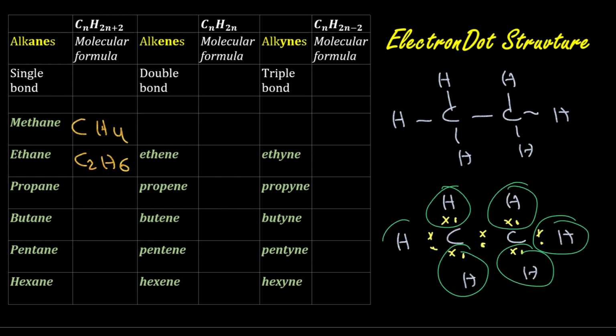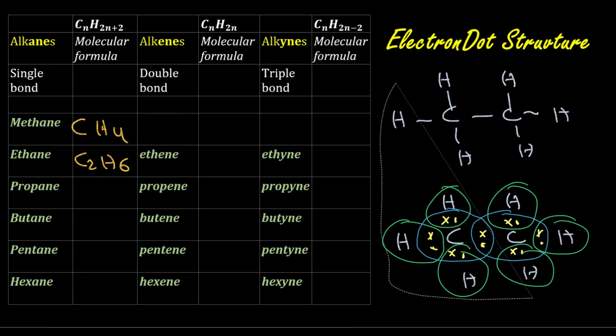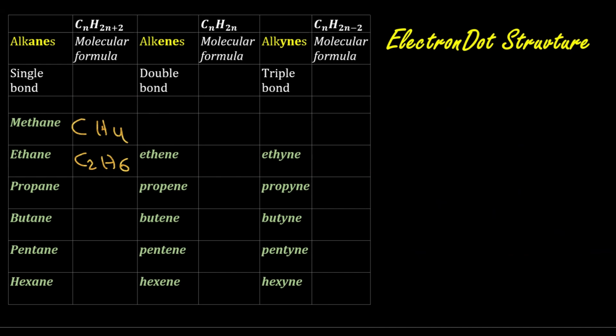Now you can see that all hydrogens got satisfied with 2 electrons, as each needs 2 electrons in the outermost shell to attain the inert gas configuration, and for carbon it is 8. So this way we did it for ethane.